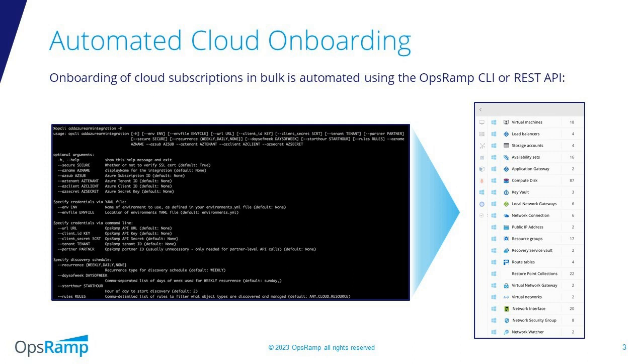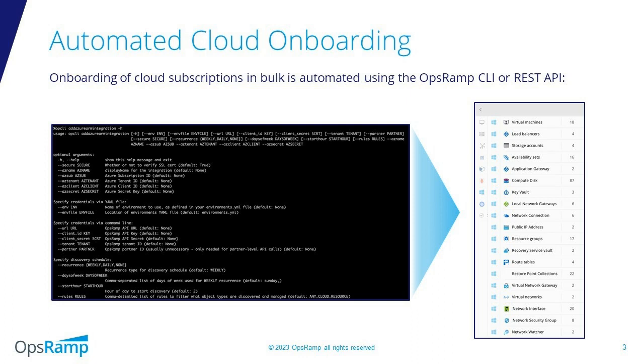So in this case, we used our CLI to onboard about 150 Azure accounts in bulk very quickly, much more quickly, obviously, than a human entering this information in a UI would ever be able to do it.